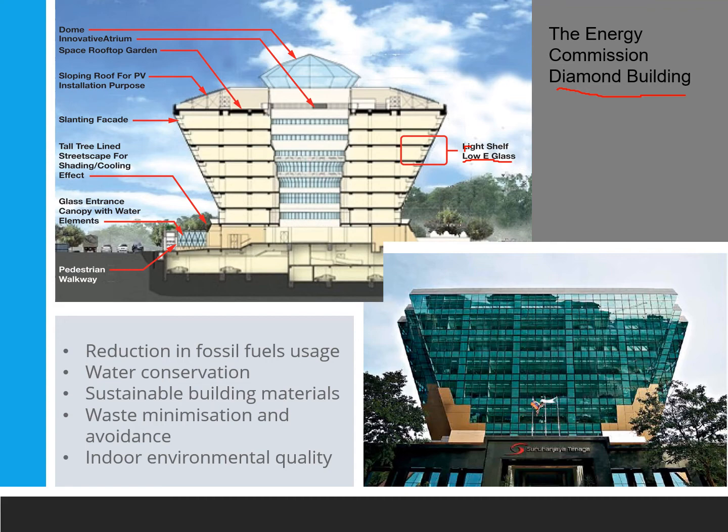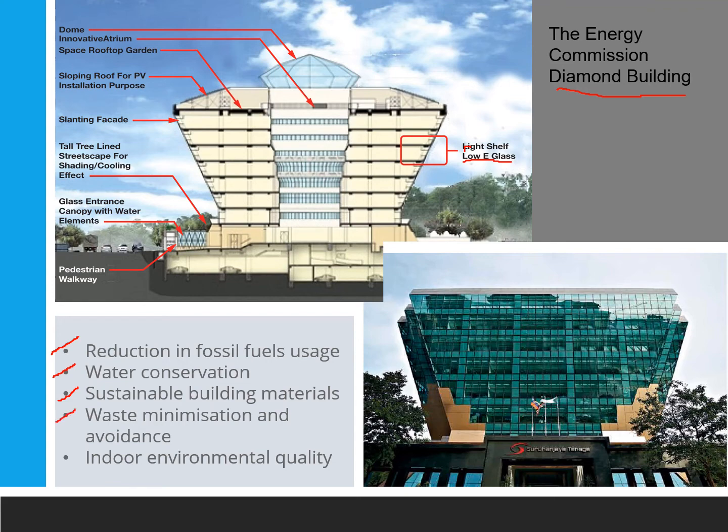So what we can improve with this design is basically a reduction in fossil fuel usage, and then we have water conservation. The materials used are, of course, sustainable, and we can minimize waste, or avoid the production of waste.